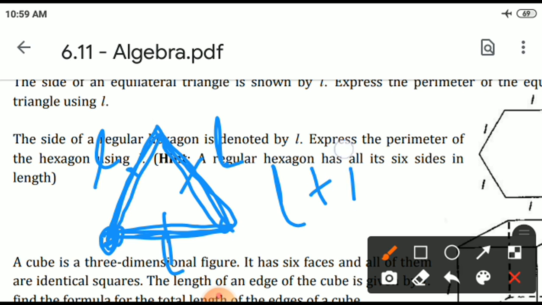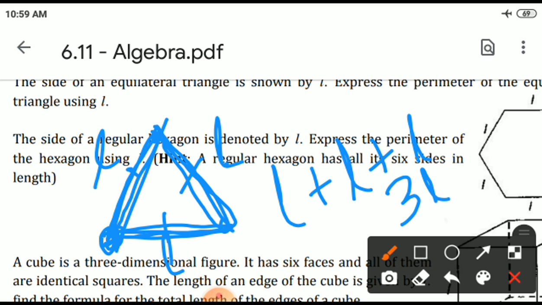That is also L. Now from the top to down, it is also plus L. What is the answer, beta? L plus L plus L. That means its answer is 3L. Correct? Yes. It is right, my dear student. 3L is the answer of the first one.